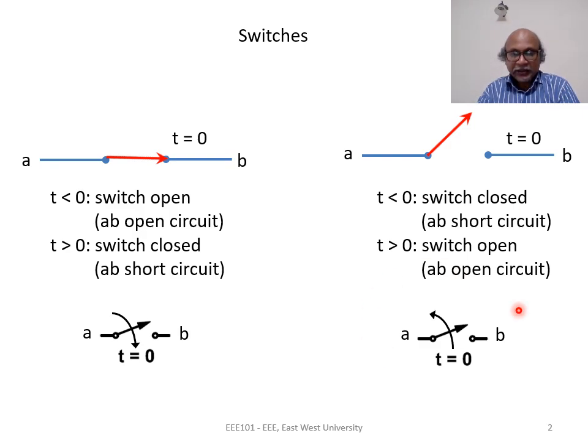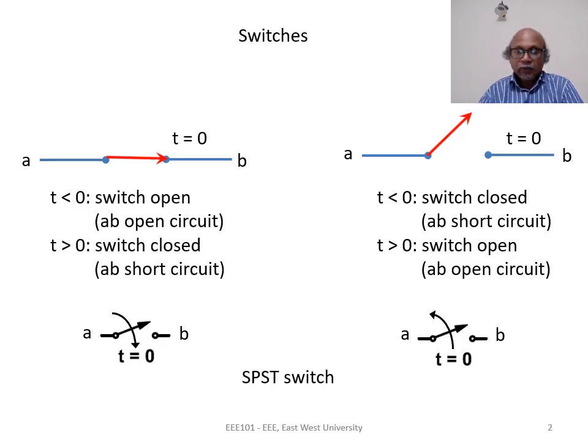So this is the circuit symbol of the switch described by these two conditions. Remember that these switches are called single pole single throw switches. There is one pole and the switch can be thrown in only one way between two nodes.